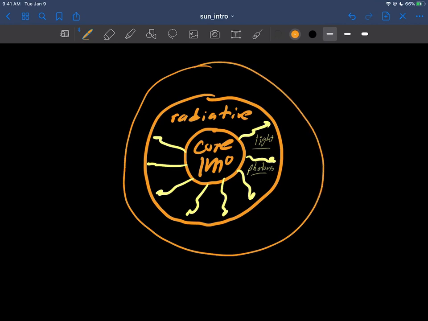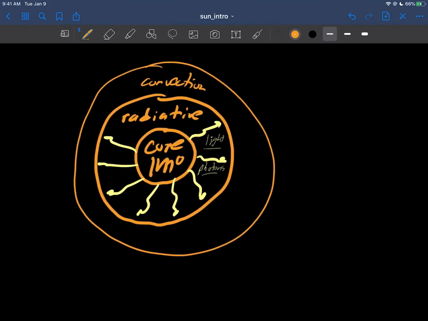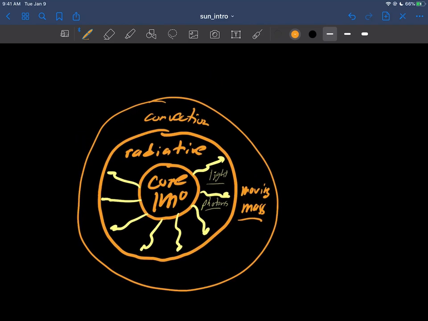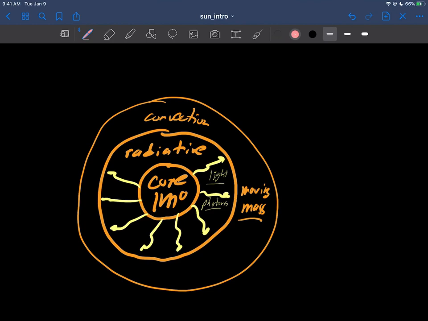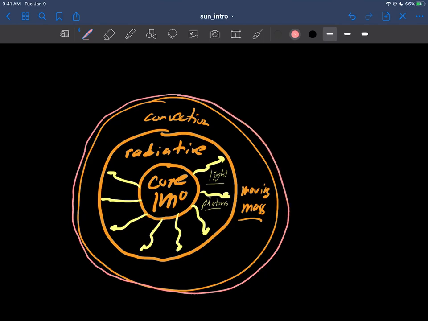So the other layer here, convection. And of course, the convection, as I said last time, is where you have the moving mass being carried upwards and falls down and carried upward and falls down in those convection cells I was telling you about. Then on the very outside here, you have a layer which is the pinkish chromosphere.